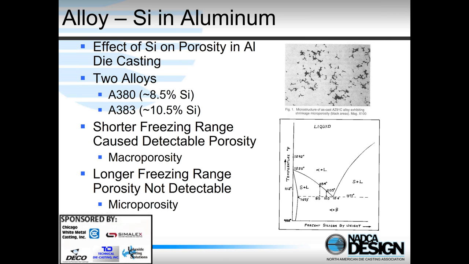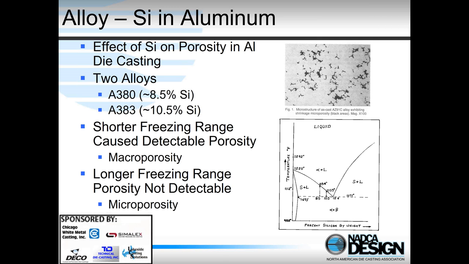In some cases I might want this macro porosity because I can push it into an area of the casting I don't care about, but in this case it wasn't an option. So what do they do? They changed to 380. This is a wider freezing range alloy, and as we talked about, with a wider freezing range alloy you get smaller, more distributed porosity, and in this case it was preferred because it enabled them to pass the X-ray.